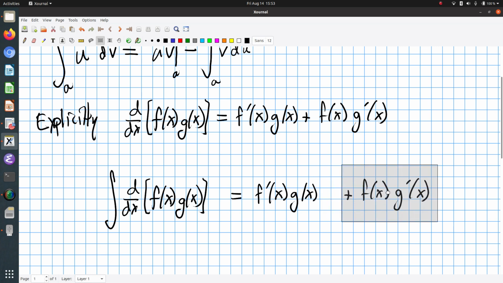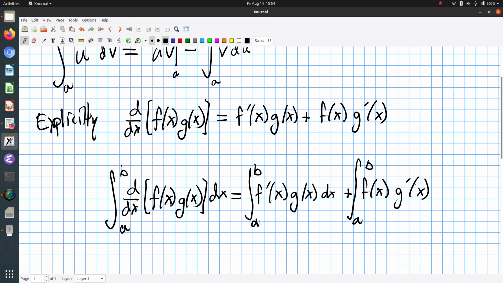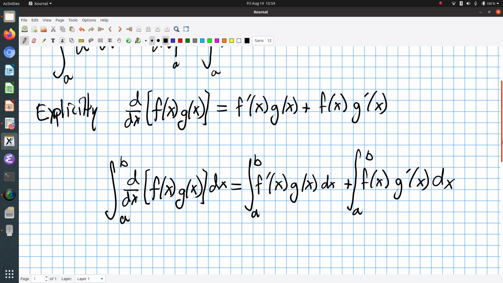But that's the essence here. So I'm going to integrate, let's say, from a to b. All I've done is essentially integrate both sides of the product rule formula.